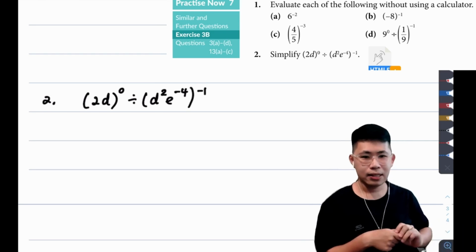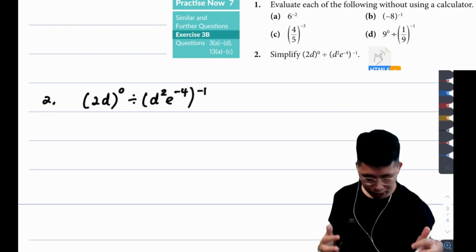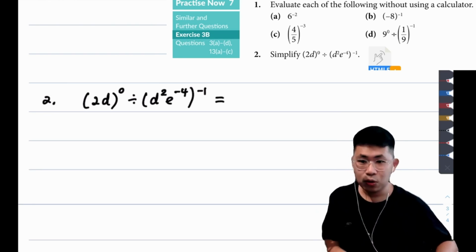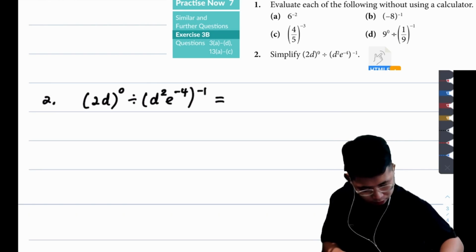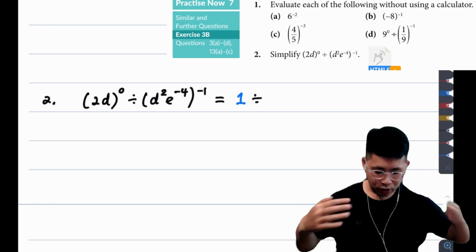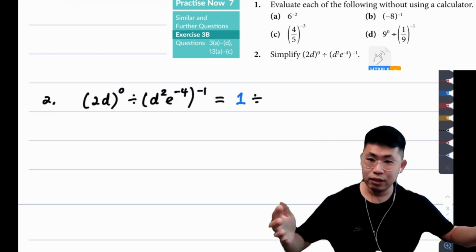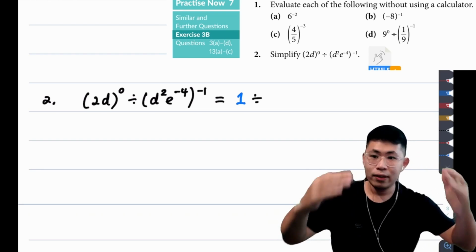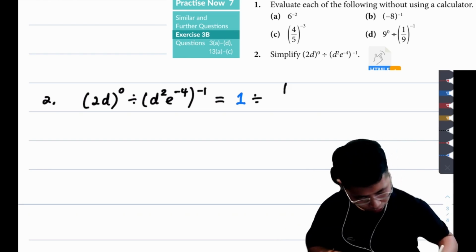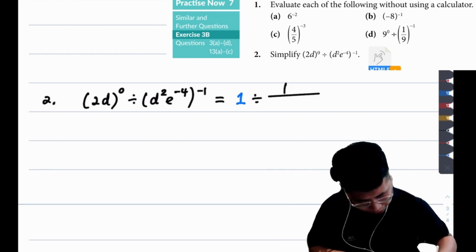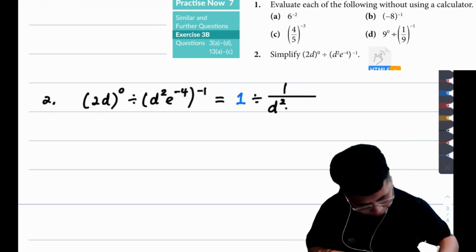Let us deal with this one by one. So 2d to the power of 0, the whole thing, is just 1, divided by d squared e to the power of 4 to the power negative 1. So this means it will be 1 over the thing. We're taking the reciprocal of this thing over here.